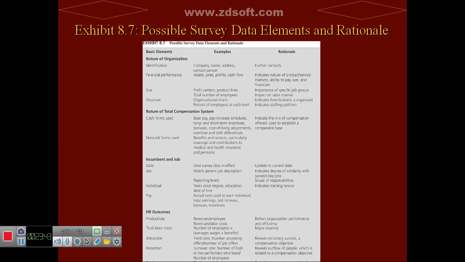Then information regarding HR outcomes is also gathered related to productivity, total labor costs, the ability of the competitor's pay structure to attract talent from the labor market, and the retention rate of the competitor. So what percentage of the employees the competitor is able to retain with such a compensation strategy, and so on.